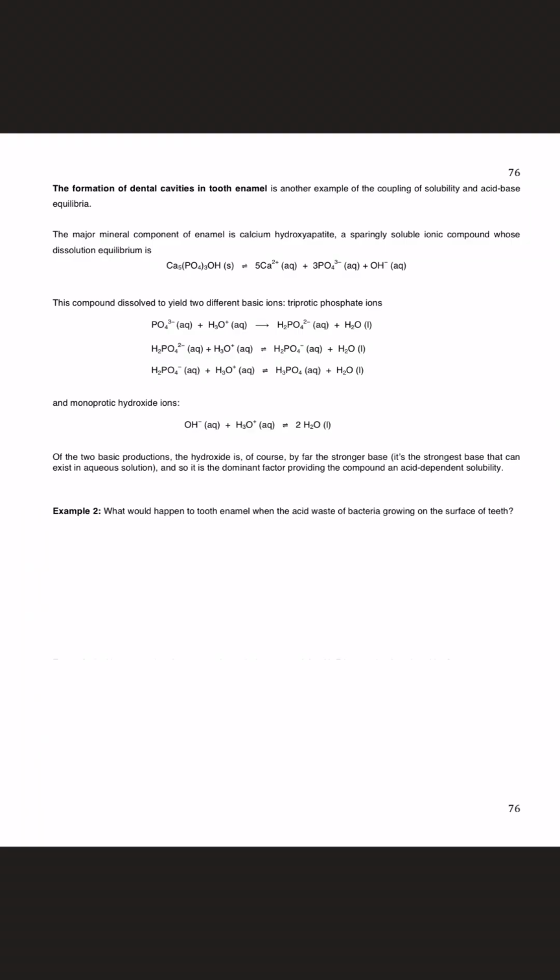So if you look at the example where the tooth enamel is in acidic condition, when the acid waste of bacteria is growing on the surface of teeth, you will see that the hydroxide ions in acidic solution would decrease, because hydroxide ion would react with the hydronium ion in an acid solution. Therefore, the concentration of hydroxide ion would decrease.